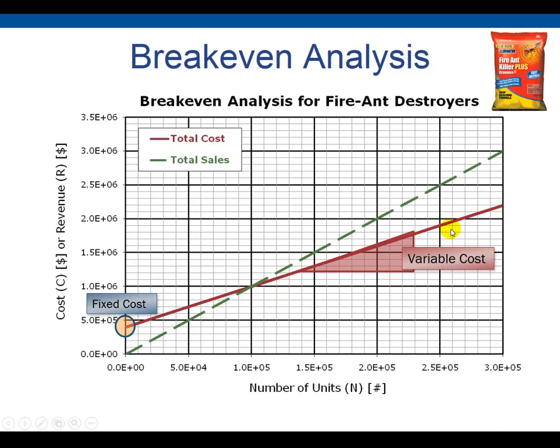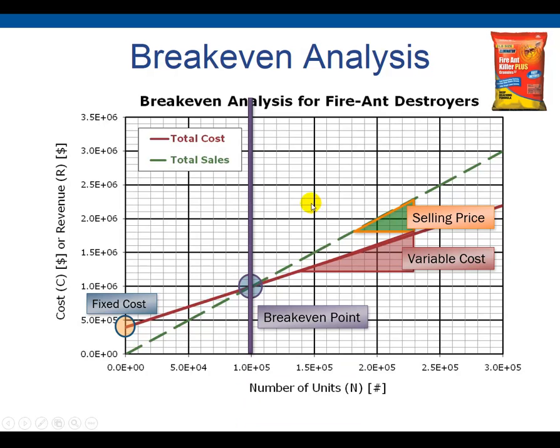The slope of the cost line is actually the variable cost, and the slope of the green line, the sales line, is the selling price. The intersection between the cost line and the sales line is the break-even point.